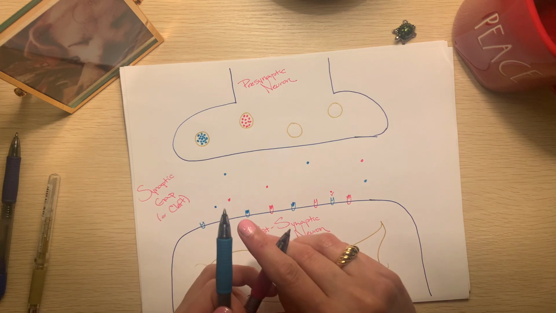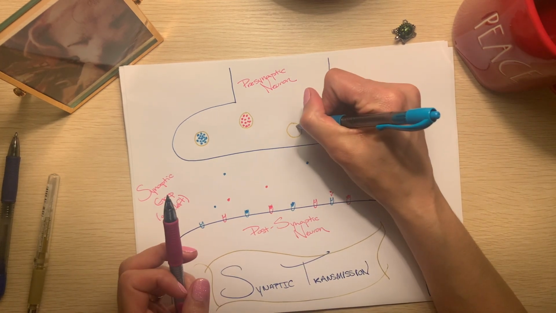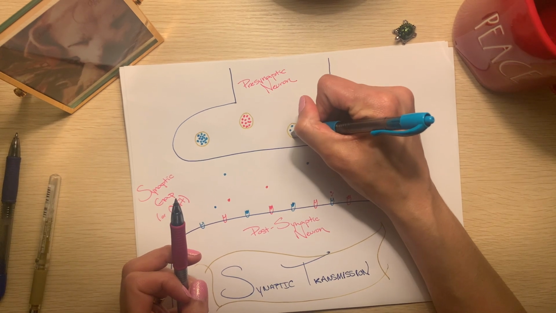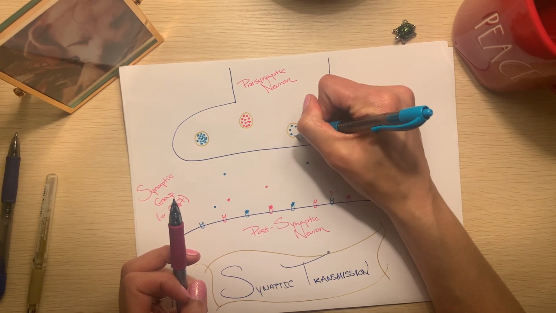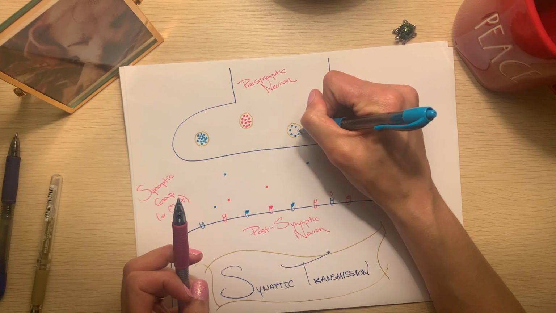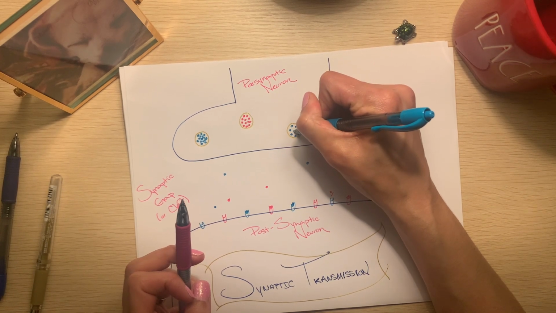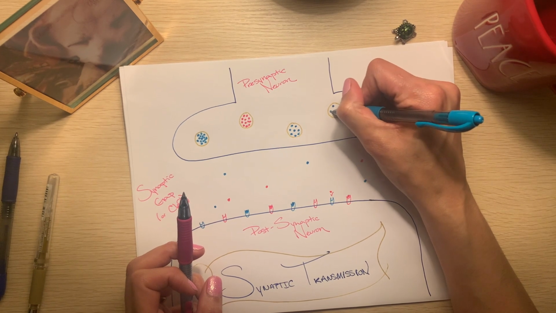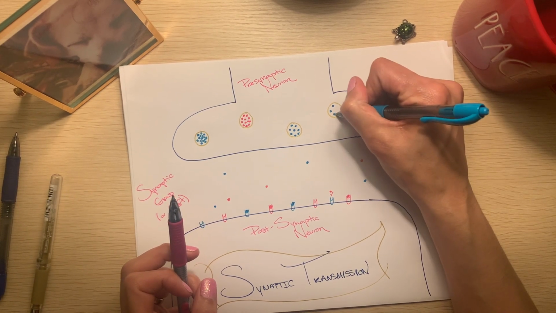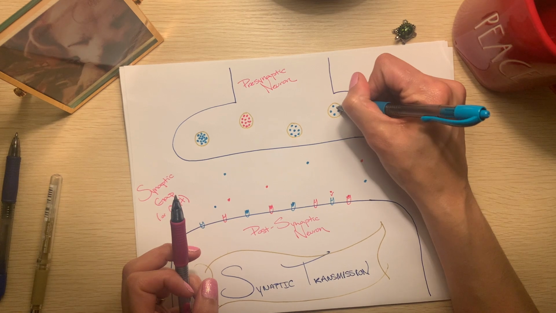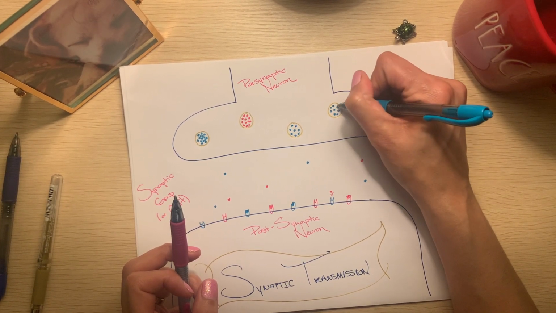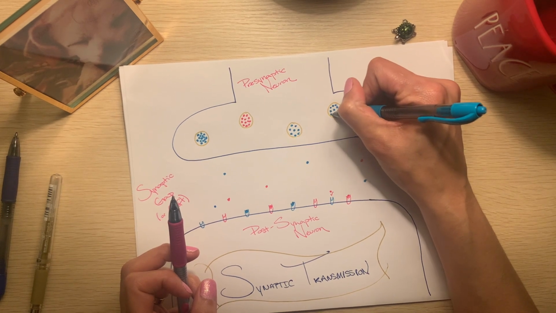Alright, so let's fill our other vesicles with neurotransmitters. Let's say that these are neurotransmitters located in the nucleus accumbens. So that's the reward center of the brain. These are feel-good neurotransmitters.